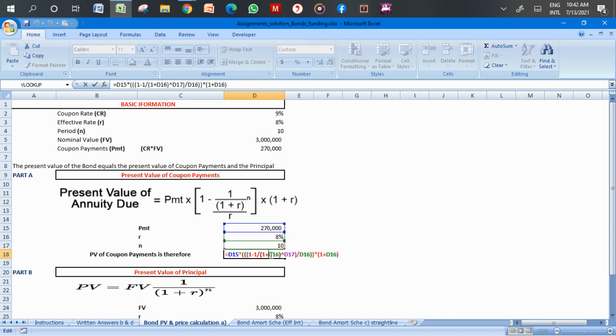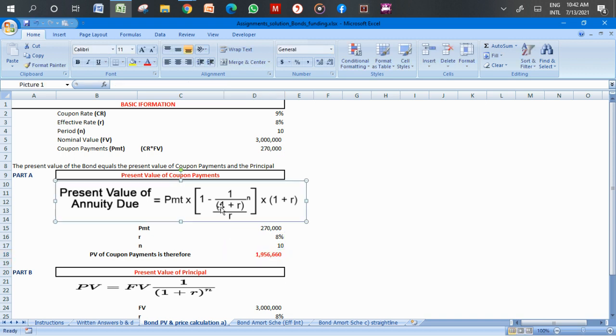If you look closely at the formula bar, you can see the formula that I used to calculate this. I was just replacing these letters with numbers. For the payment, I replaced it with 270. For n, I replaced it with 10 years. For R, I replaced it with 8%.